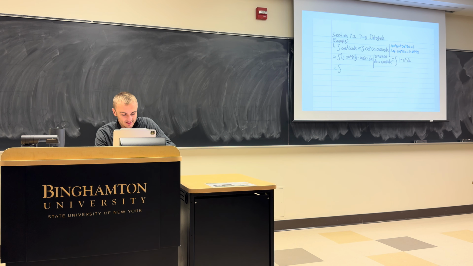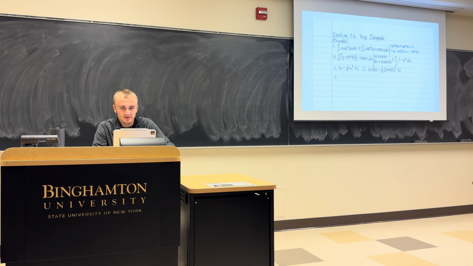All we have to do is integrate this, which is going to become u minus 1/3 u cubed plus c. Then we plug in our u value, so sine of x minus 1/3 times sine of x all cubed plus c.